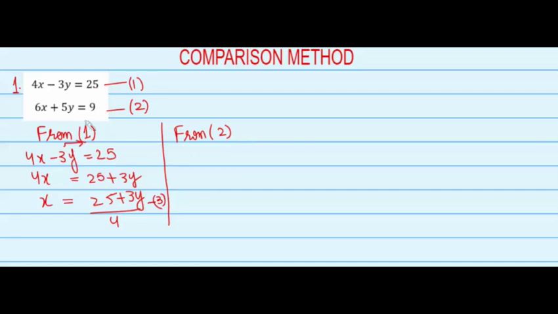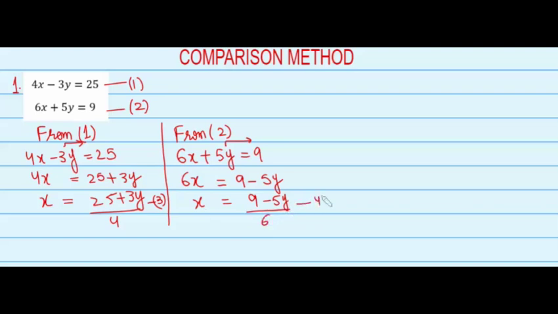Similarly, we'll do the same process with the second equation. First writing the second, 6x plus 5y is equal to 9. Now make x the subject: 6x as it is, shift this 5y to the other side, it becomes 9 minus 5y, and then divide both sides by 6. So we have another expression for x, which is 9 minus 5y over 6.